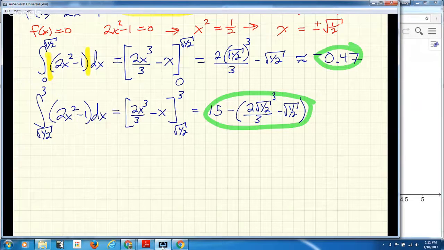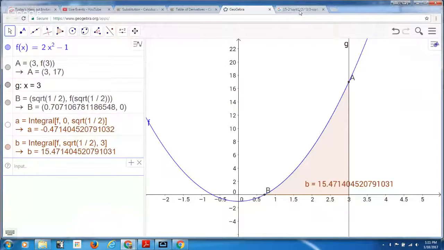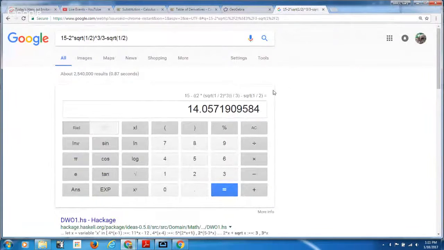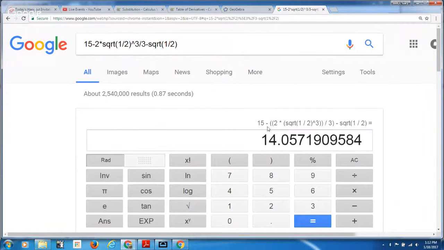All right, so what did I type wrong in the calculator over here? 15 minus twice the square root. Blow that up a little so you can see it. Oh, do I have parentheses out of place here?